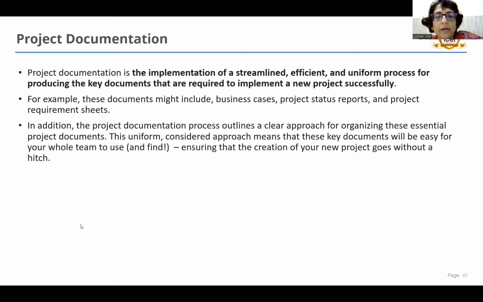Documentation is also an important part of any project, because in case a team member resigns or leaves, or in case some other team members join when the project is looking for development of new features, there has to be proper documentation of what has been initially done. Project documentation is the implementation of streamlined, efficient, and uniform processes for producing the key documents that are required to implement a new project successfully.